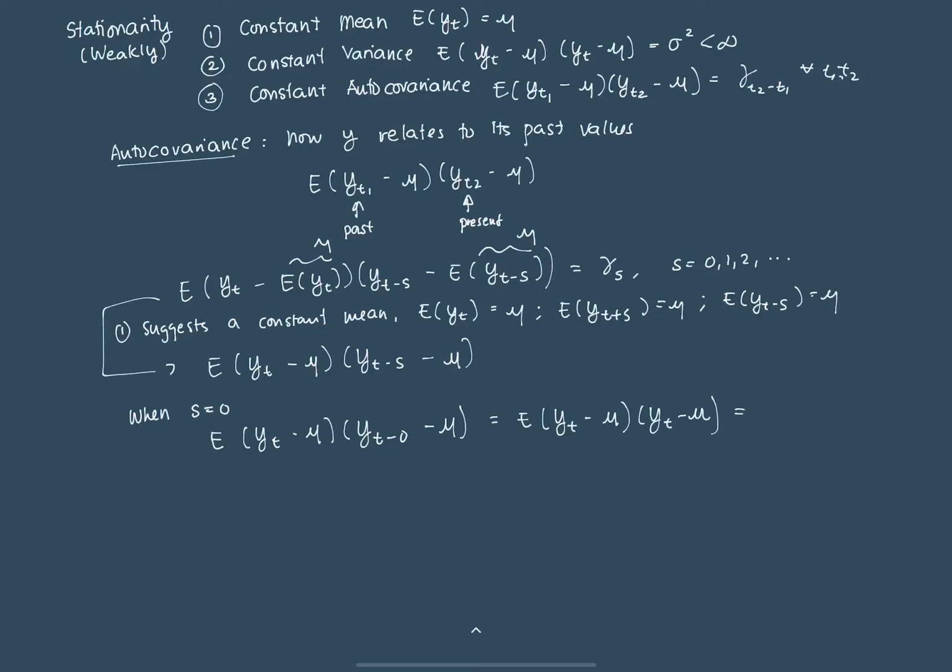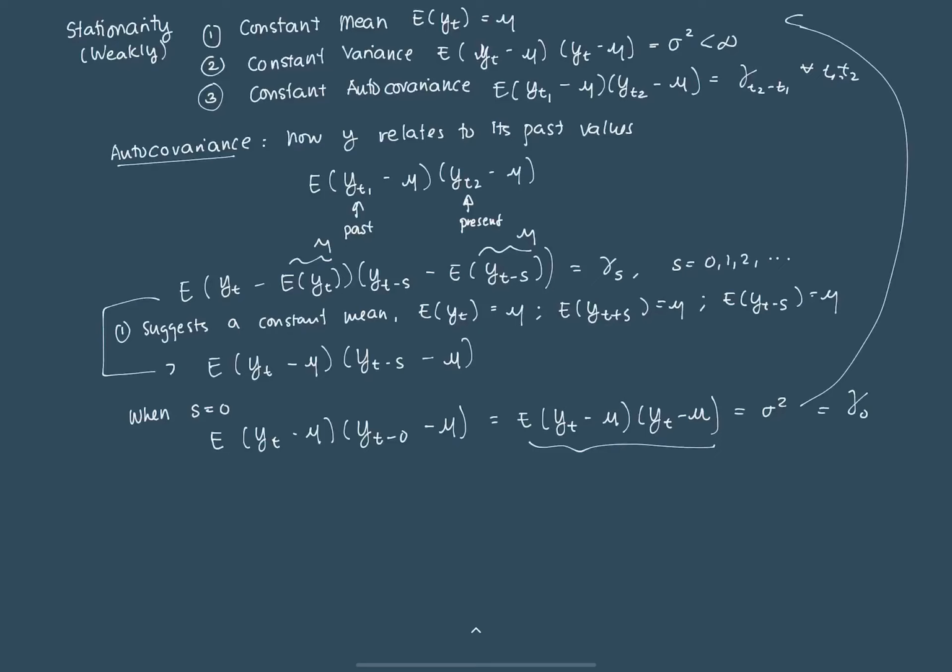But you actually know this value, and that's just sigma squared, which is our second assumption. And that's equal to gamma 0, or the autocovariance at lag 0. So at the 0th lag, the autocovariance is just equal to the variance itself. But as you go along in subsequent lags, this will change.